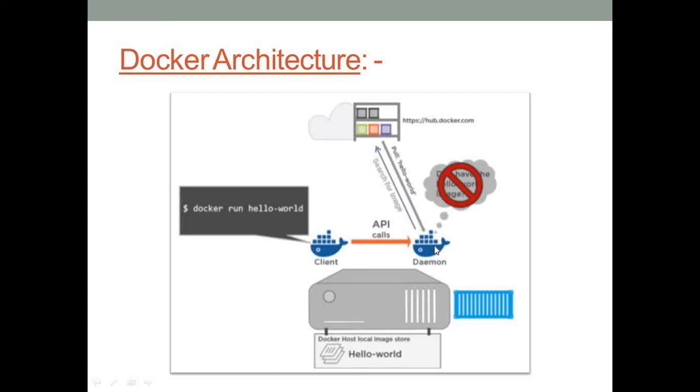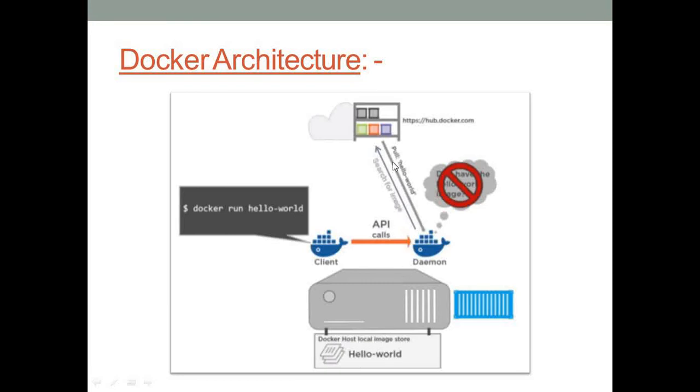it connects to hub.docker.com, which is the online repository. It searches over there, and if it is there, it pulls the hello-world image to the local system and stores it on the local host.